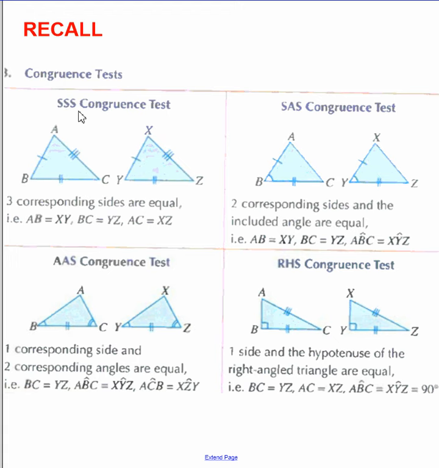Three sides the same; side, angle, side, where the angle is between 2 equal sides; angle, side, angle, where the side is between 2 equal angles; and right angle, hypotenuse, side. So if you prove any one of them, the diagram is congruent.